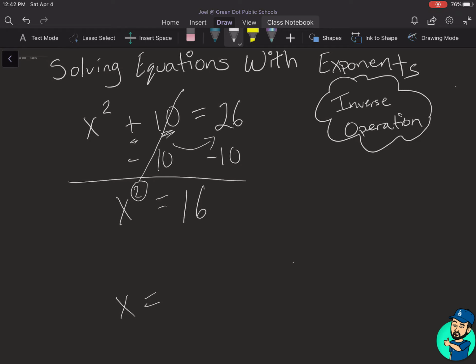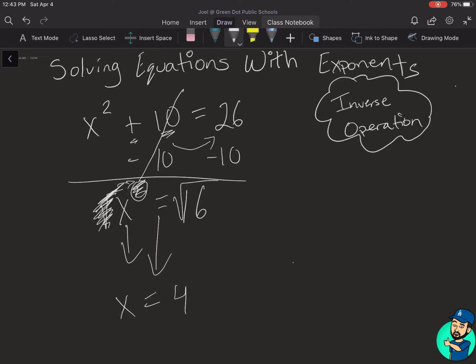On both sides, use a square root. Just like this. Now what happens here is this gets rid of the square. The square root gets rid of the exponent. Now, I bring down the x, I bring down the equal sign, and the square root of 16 is 4.